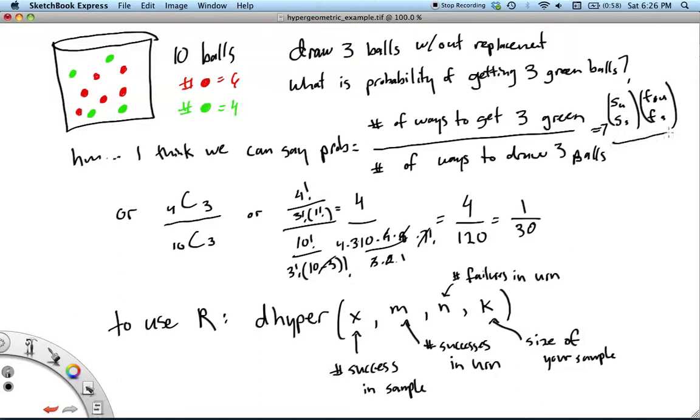This is kind of complicated. And then all this would be divided by the sample size.